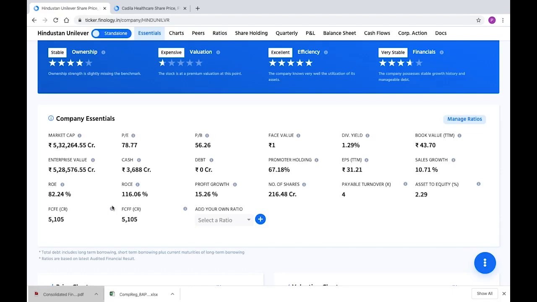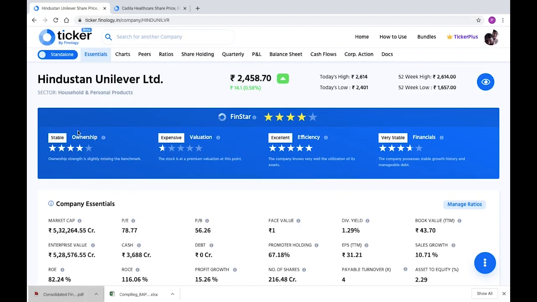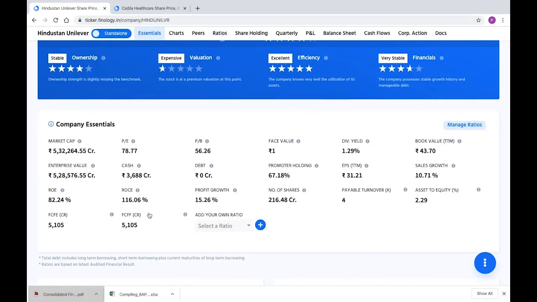And since we have limited money, we should use it in the best possible way. So in case of Hindustan Unilever Limited, it can provide a return on capital employed of 116%. That means if you give 100 rupees to HUL, it can give back 216 rupees, an extra 116 rupees.